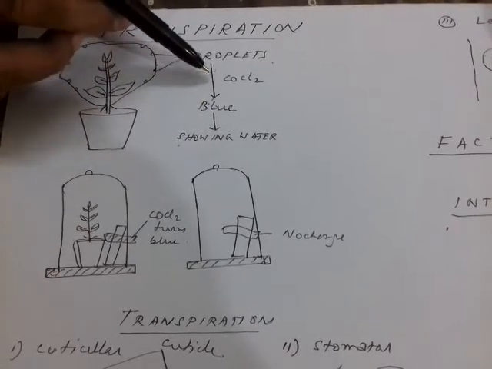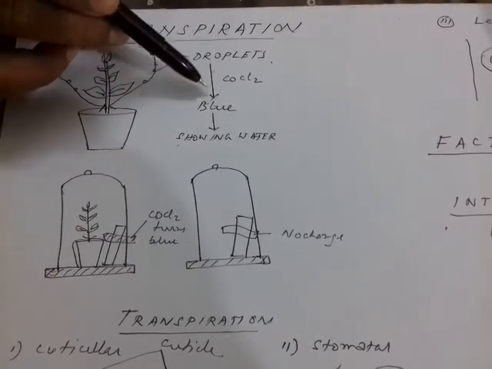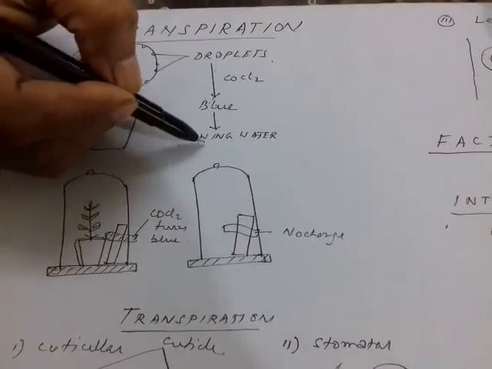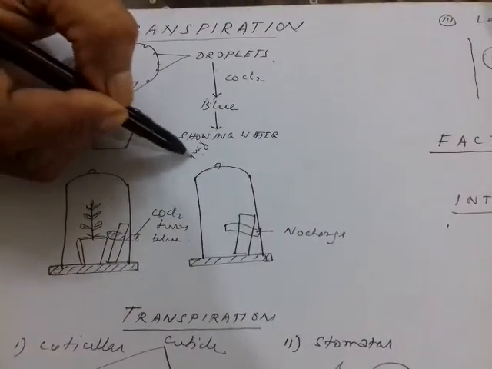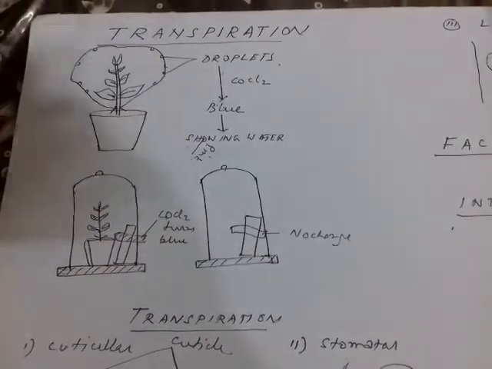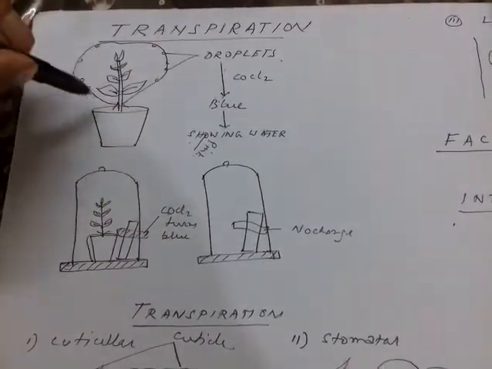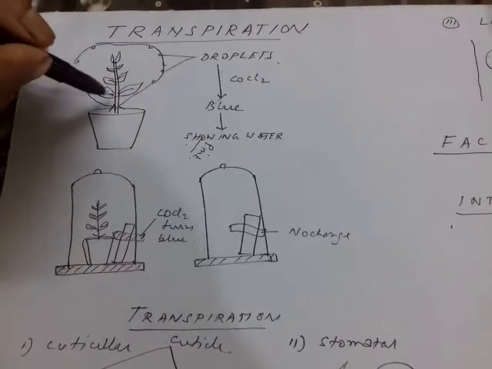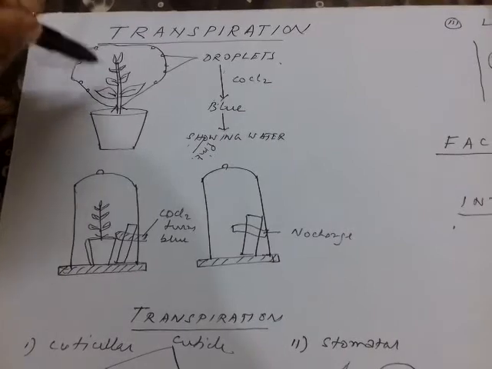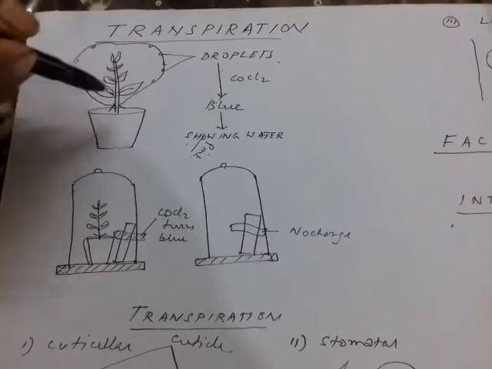So anhydrous cobalt chloride paper is blue when dry, and when water is there, it turns pink. So this shows that this droplet is water. Now this water cannot come out from any other surface except the stem and the leaf. So this is one evidence that transpiration takes place from the aerial part.